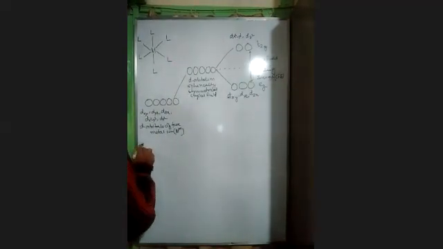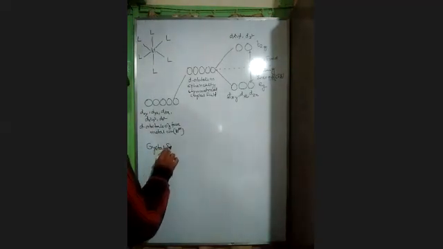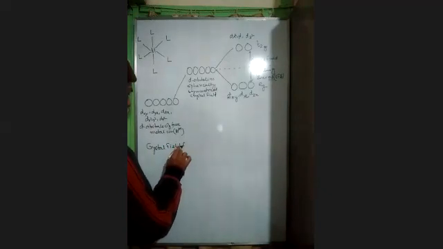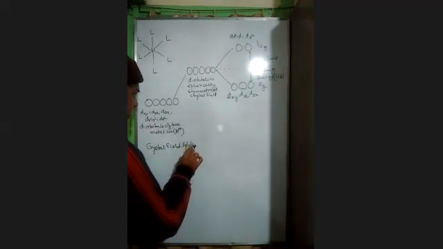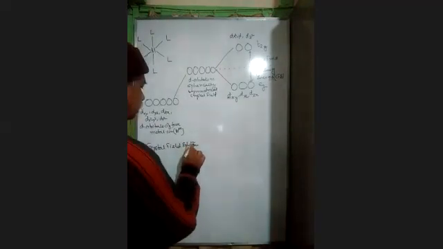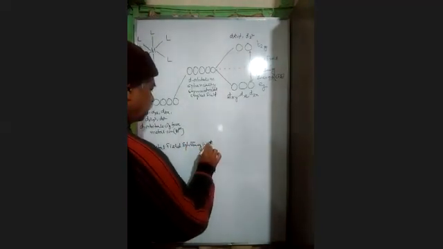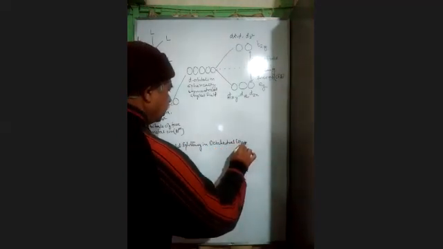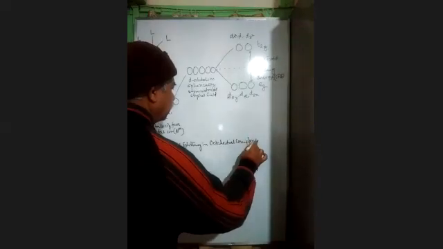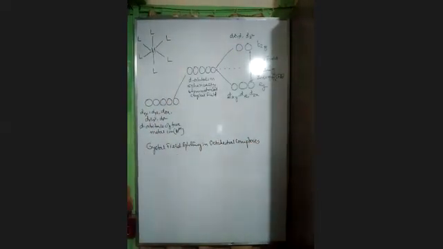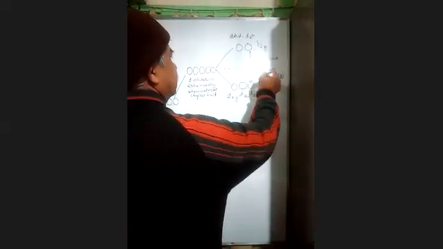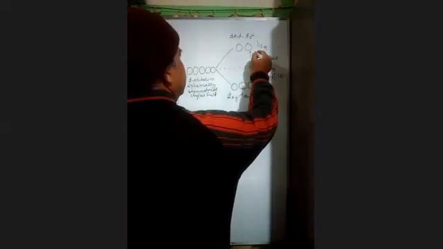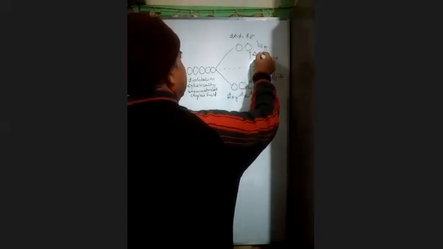We'll write crystal field splitting in octahedral complexes. Now, this crystal field splitting energy in this case, we call it delta O.